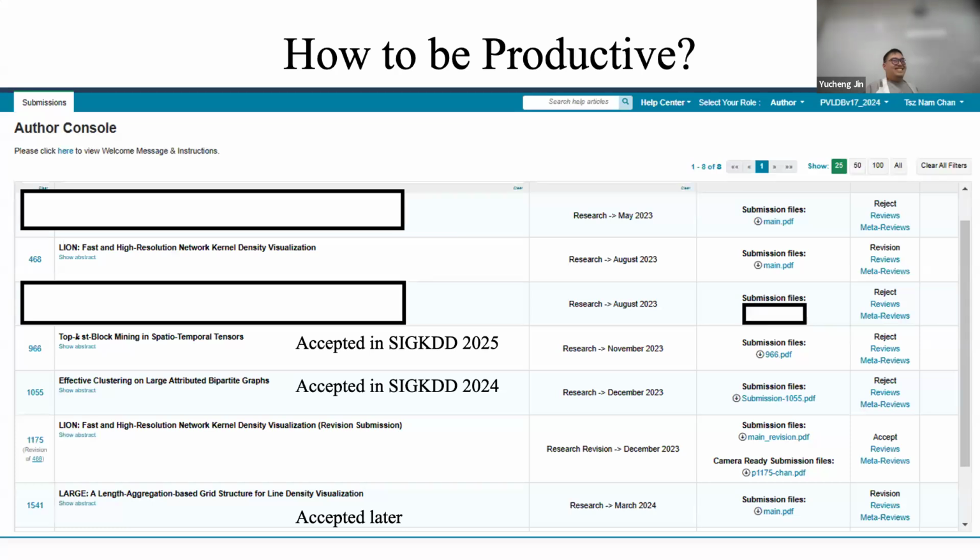But it may have a reverse effect if this has been used a lot. So as Professor Chen mentioned, the title should still mainly focus on how to reflect your work. That's important.